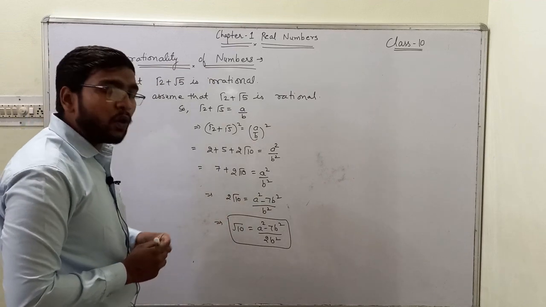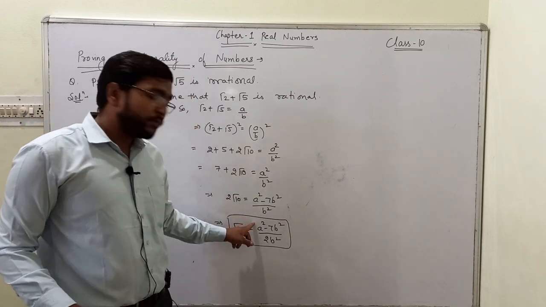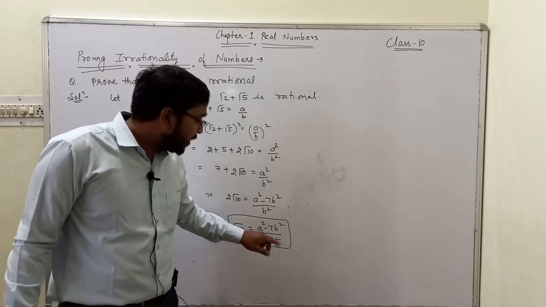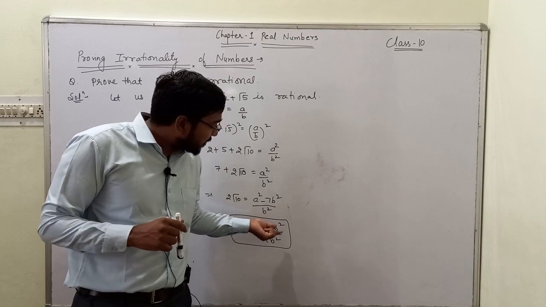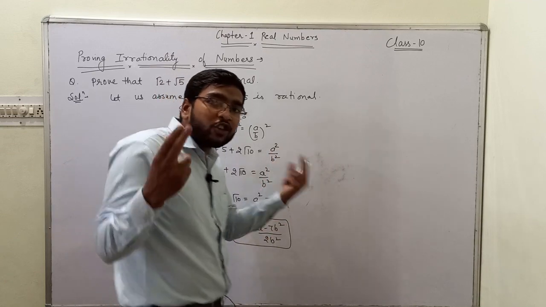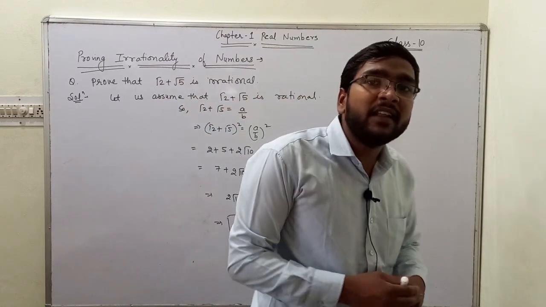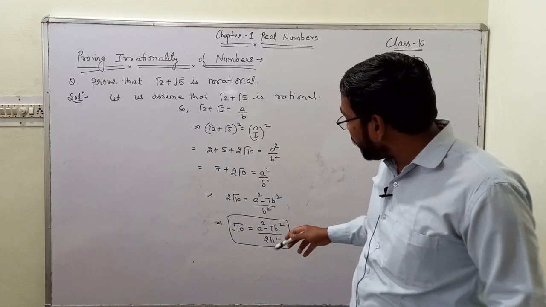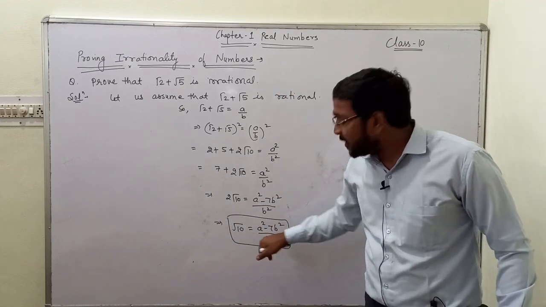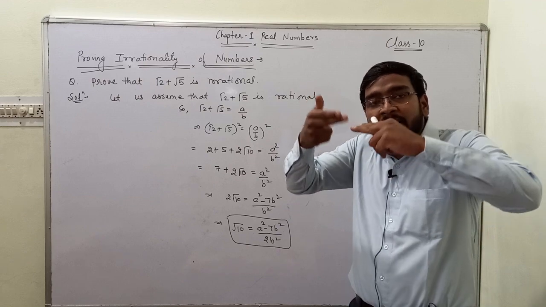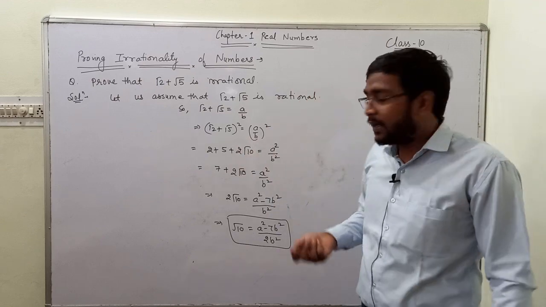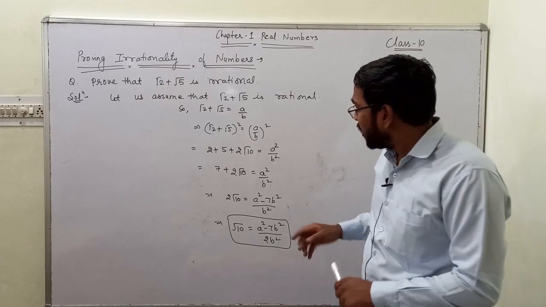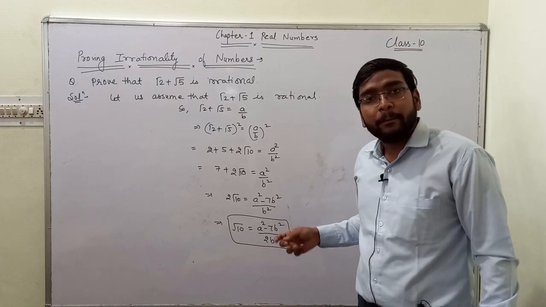Now look, since a is an integer and b is an integer, the operation on two integers will always be an integer. In the denominator also I will get an integer term. An integer divided by an integer can be a decimal also, but it will remain a rational number.